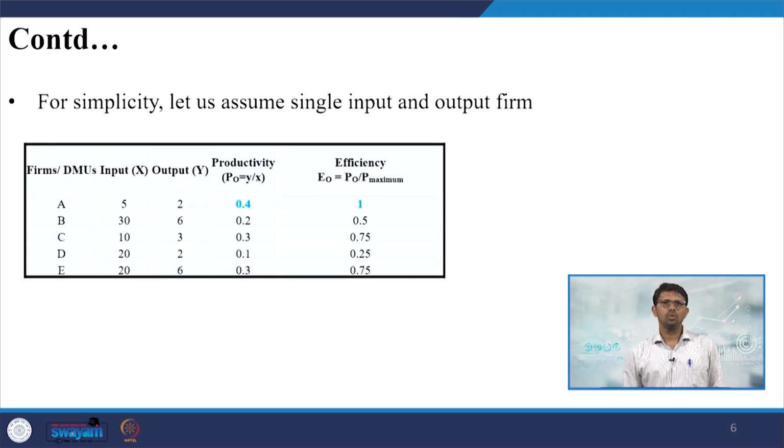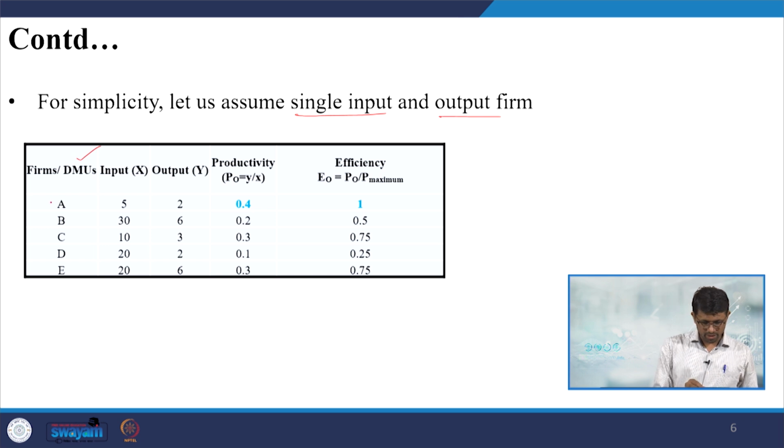We have also given an example here. You can just mark the difference. Let us assume single input and single output firms, and there are different firms listed, usually called DMUs, decision making units.